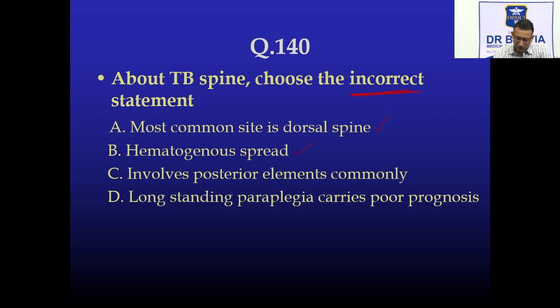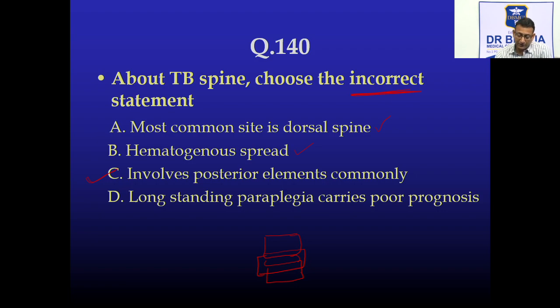But if you see, the most common elements involved are the anterior elements or vertebral bodies. Okay. In vertebral bodies, the tuberculosis is mainly of paradiscal type, means it involves the area around the disc. Okay. So, this statement which says that it involves the posterior elements commonly, this is not true and should be the answer of this question.